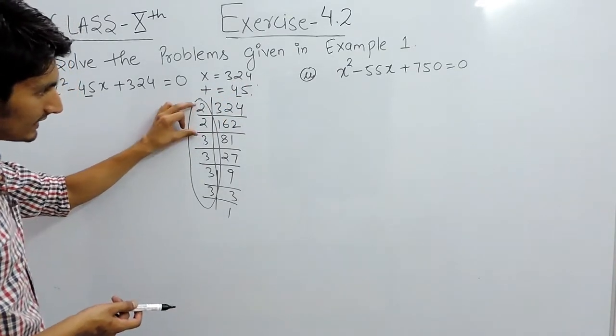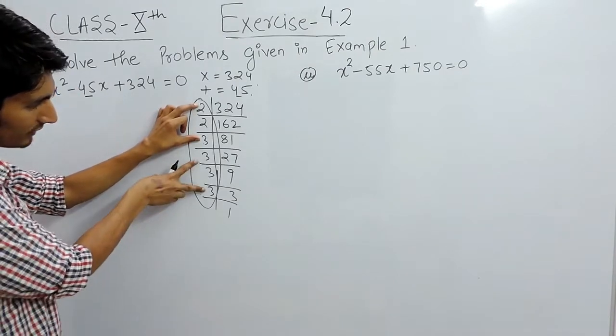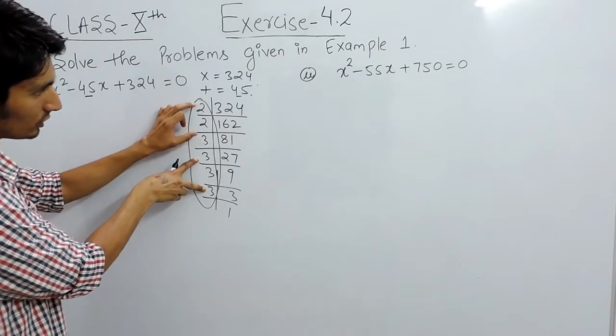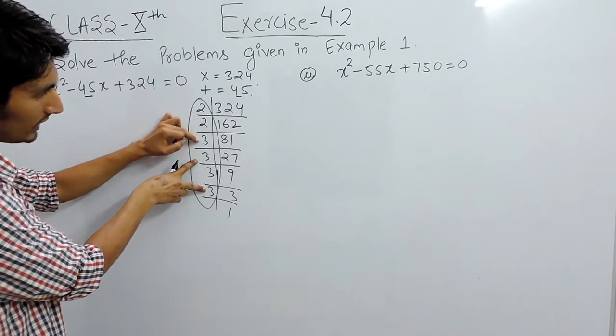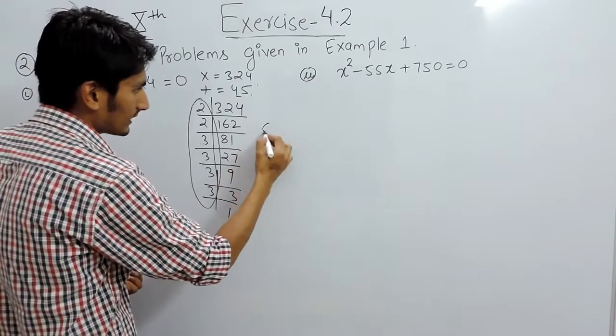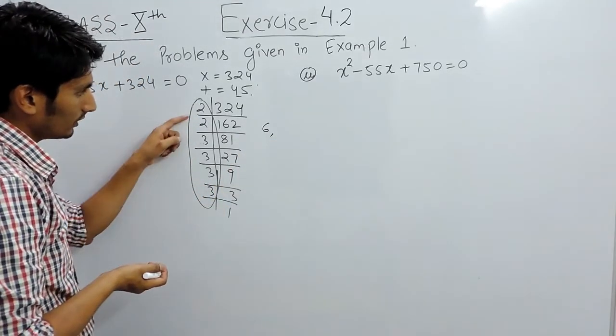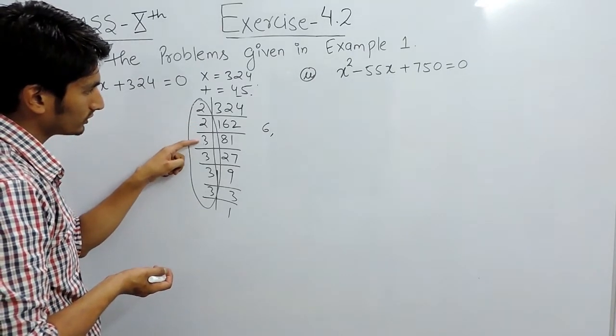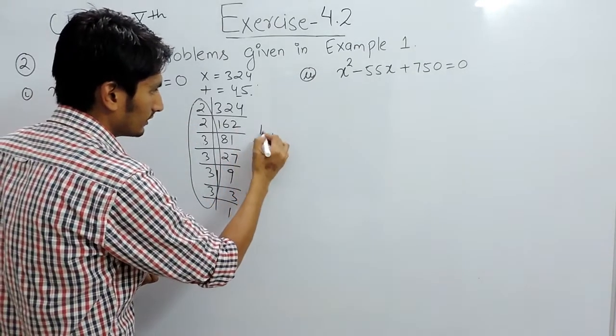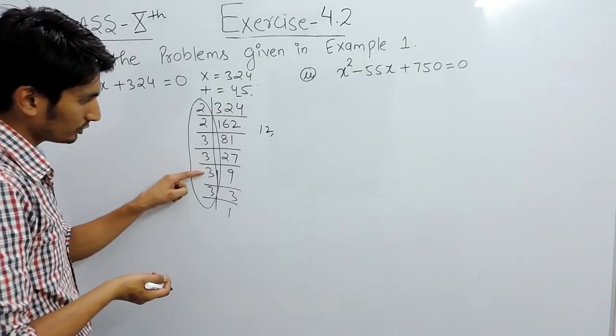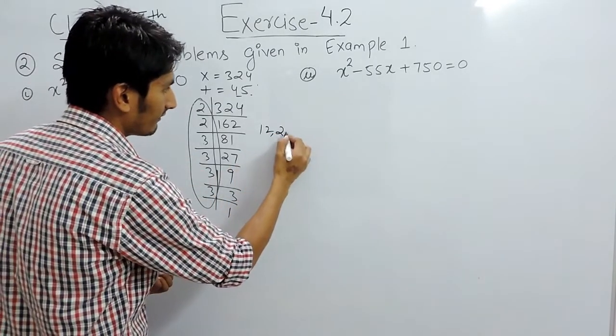So let's increase it. You can take this 3 as one factor and the other 3 as another factor. So this is 2 into 2 is 4, into 3 is 12, and the other is 3 into 3 into 3 which is 27.